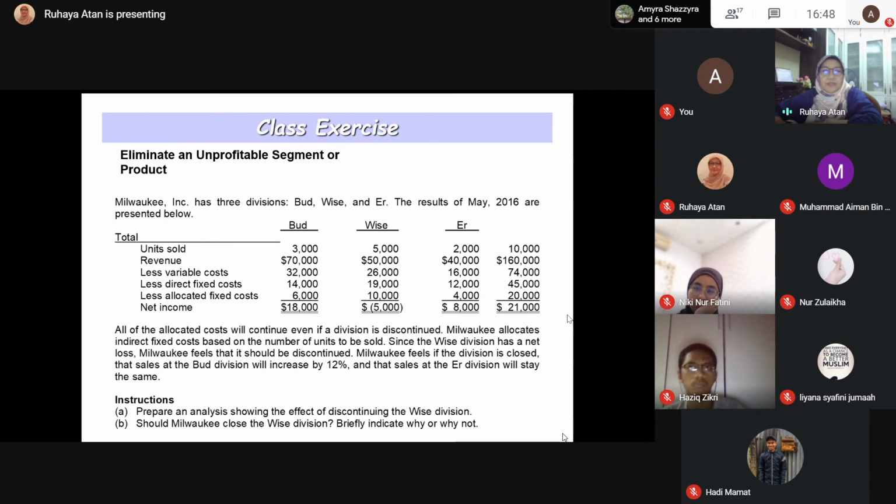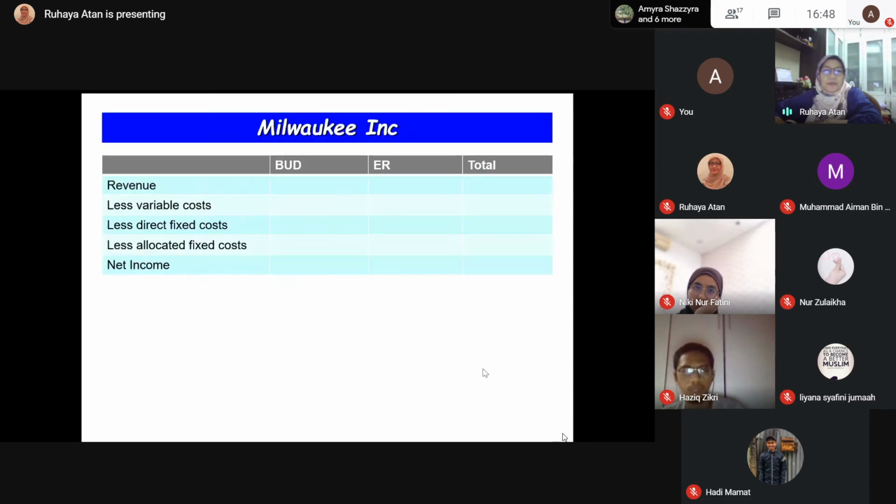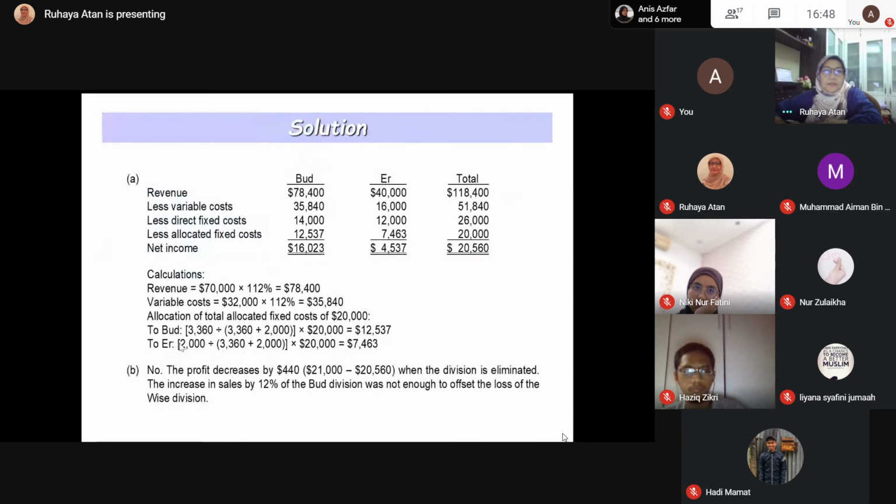So you have to divide the 20,000 fixed cost to it. This is the proportion between Bud and Earl.